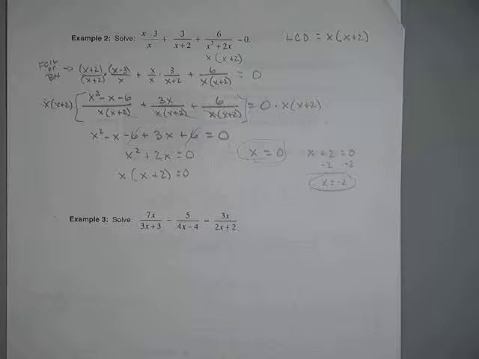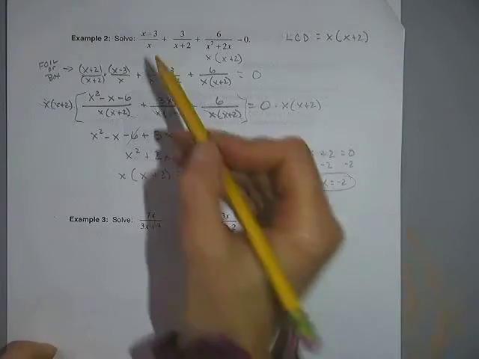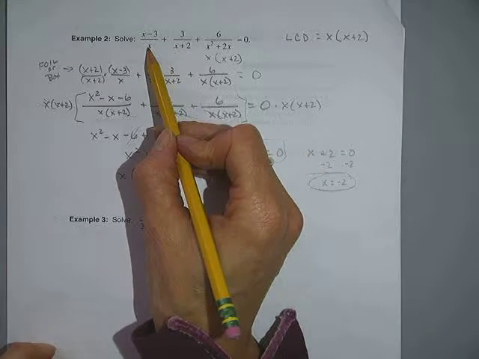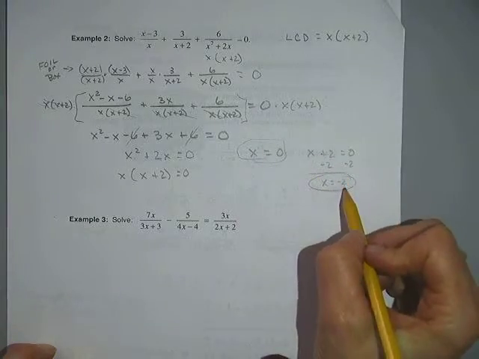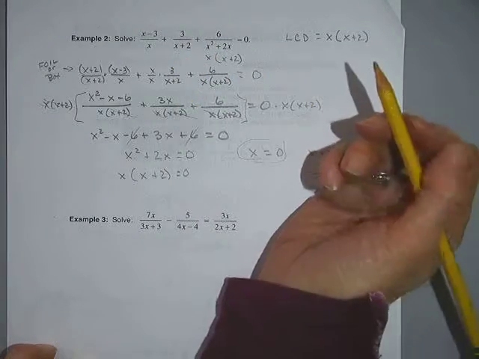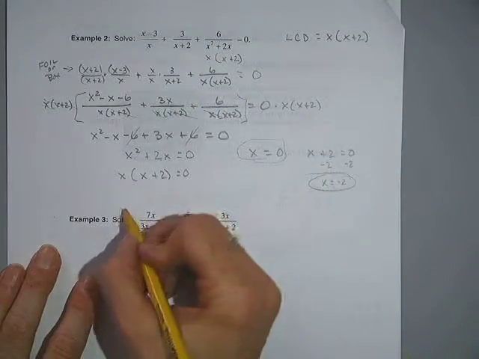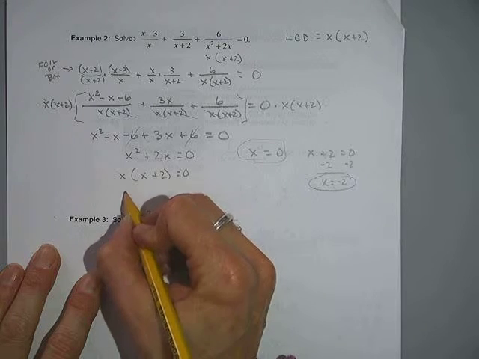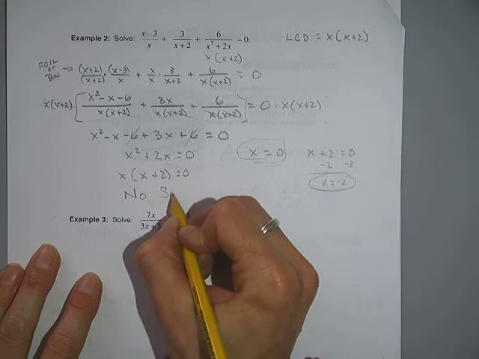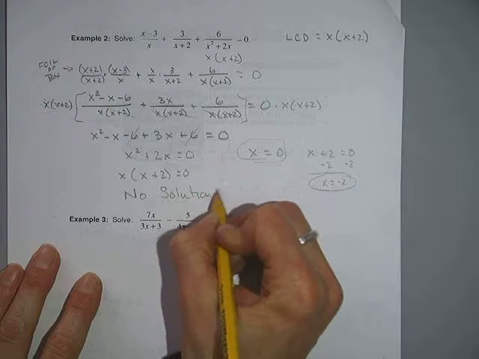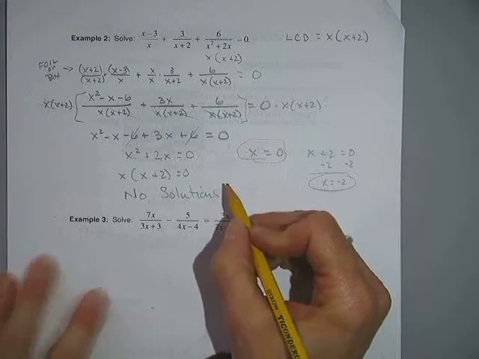What do we know? If I put those two back into the original equation, what happens? If I put 0 back up here, what happens? It's undefined. If I put negative 2 back up here, what happens? Undefined. So there are no solutions for this one.